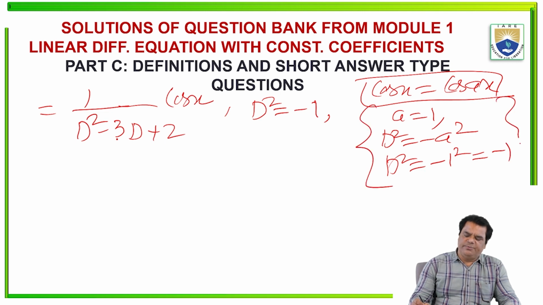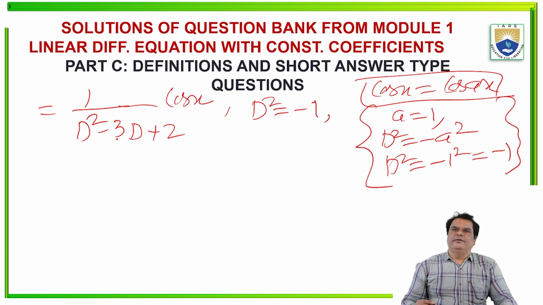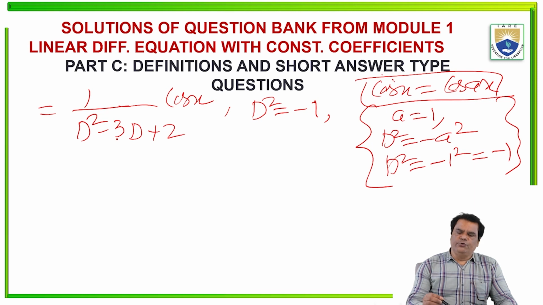These assumptions we are taking here. After comparison, a is 1, so apply the formula D square equals minus a square equals minus 1.